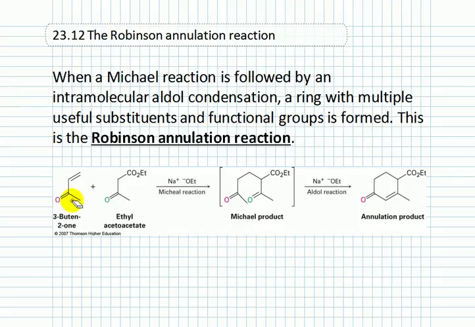We have 3-butene-2-one, so it's an enone. We have ethyl acetoacetate. So this is going to do a classic Michael reaction. With sodium ethoxide here, we will deprotonate the stabilized alpha position of ethyl acetoacetate.